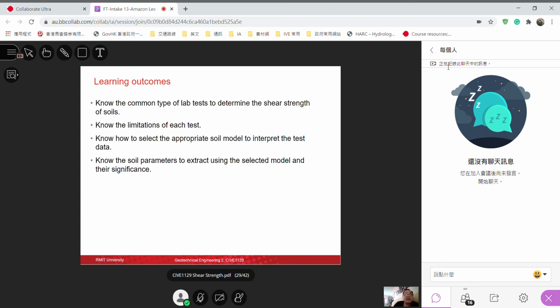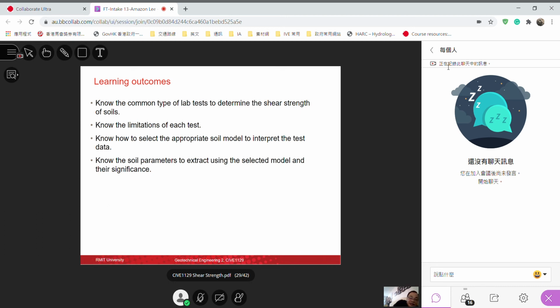I have to check which lecture room, since they sent us the location table, but I haven't checked. That week we will start our face-to-face discussion. I will go through a few more examples selected from your tutorial, and after that we will talk about the next lecture, on the earth pressure coefficient.